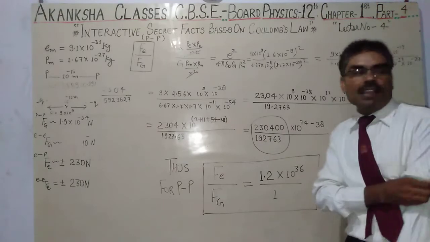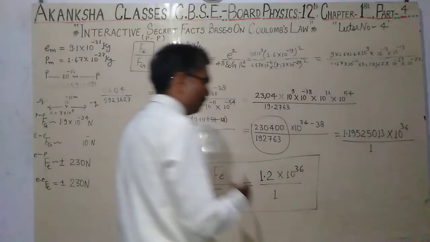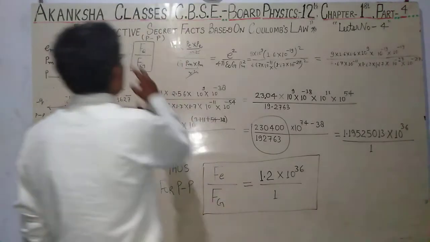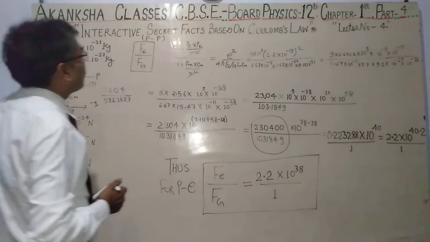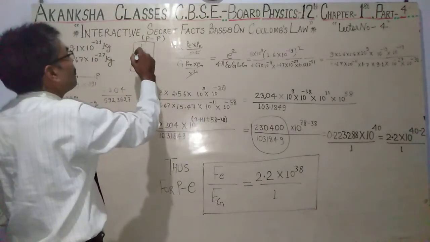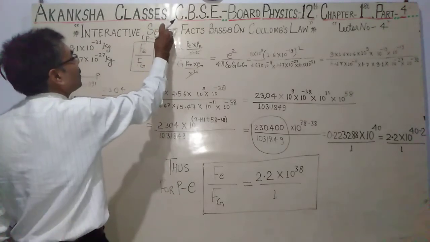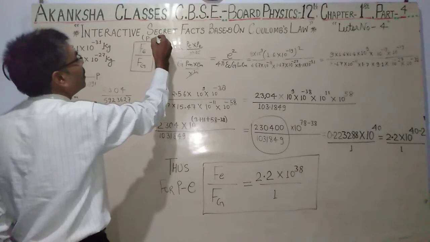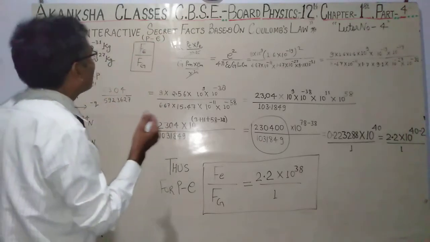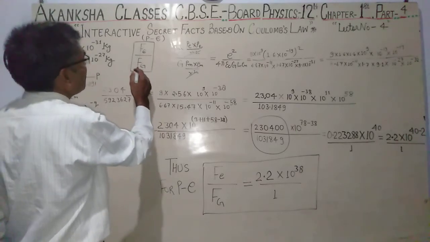Hence, students, now we are going to find the ratio between the electrostatic force between two charged particles, one proton and the other an electron, kept at r separation, to the force due to gravity.